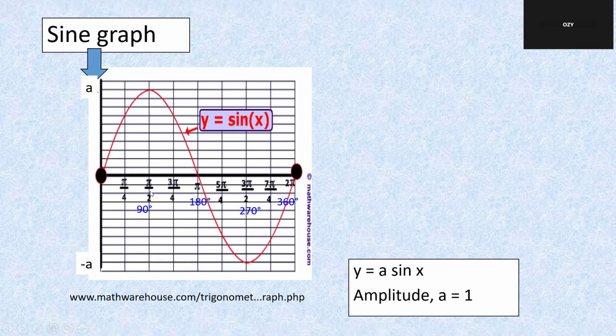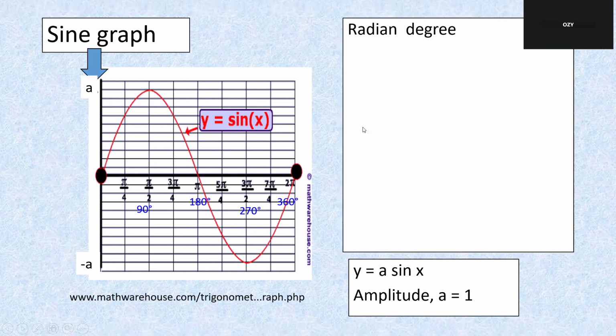Half pi radian is 90 degrees. Pi radian is 180 degrees. 3 pi over 2 radian is 270 degrees. And 2 pi radian is 360 degrees.